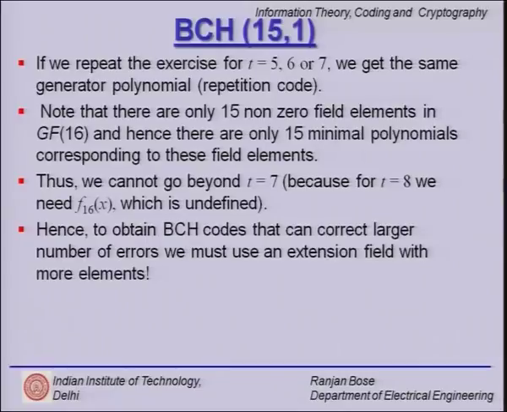So, BCH code can correct a larger number of errors than we have designed for. If we have to do better, we need to go to a higher Galois field. So far this 15 comma 1 repetition code can correct 4, 5, 6 or 7 errors.